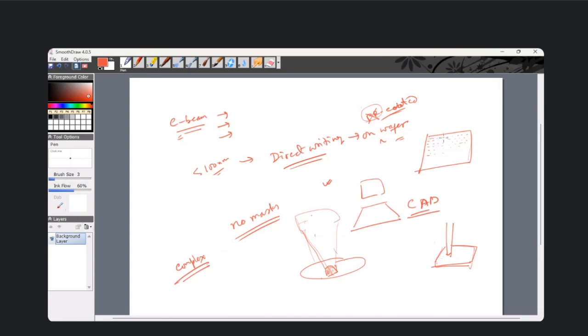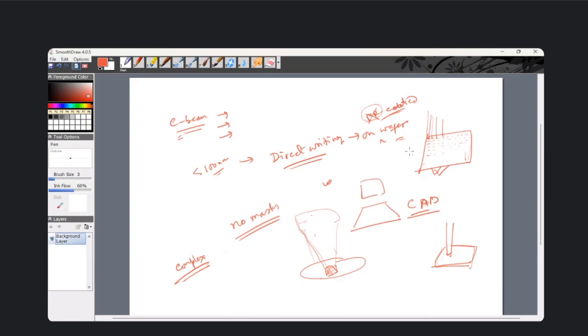You start from one end and write point by point by point. The electron beam is focused here, writes something on it, then moves to this point, then this point, then this point, and in this way it covers the whole wafer. Now see how much time it takes if you compare with its analogous optical system.